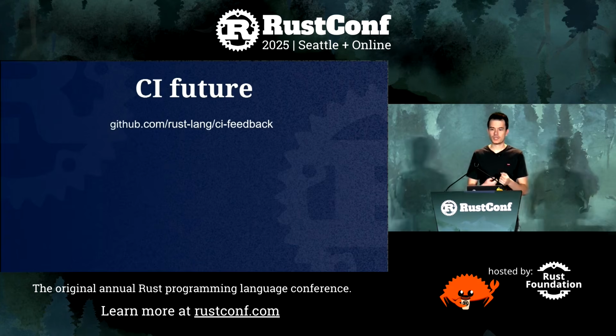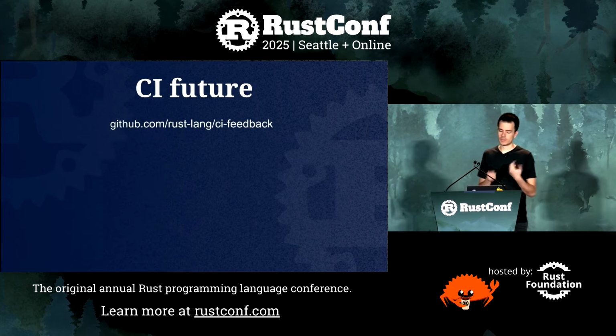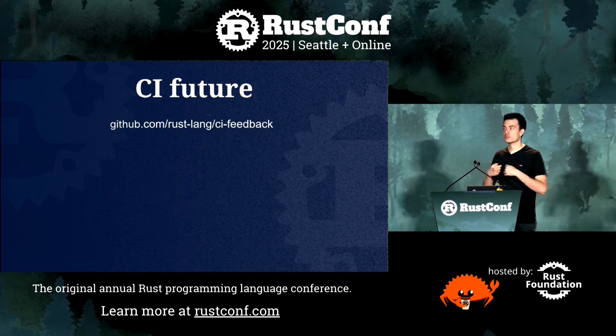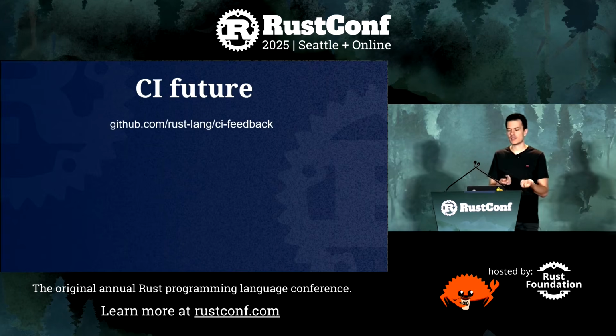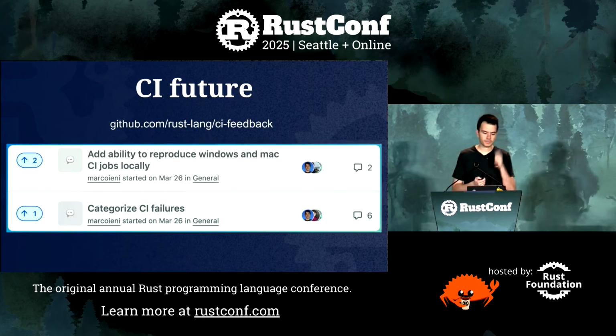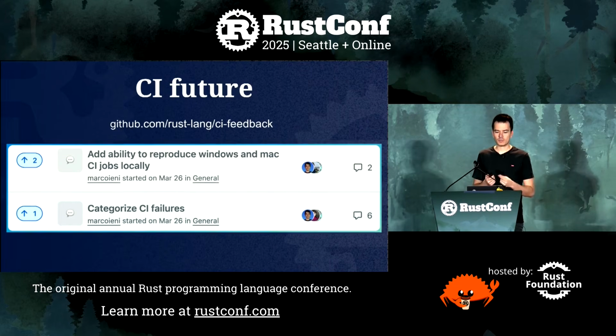In particular, we created a repository called CI Feedback, where, together with the rest of the Rust project, we want to think about how we can improve the CI from first principles. For example, these are some of the GitHub discussions that we opened. We want to add the ability to reproduce Windows and Mac CI jobs locally, although it's very difficult, and for now we don't really know how.